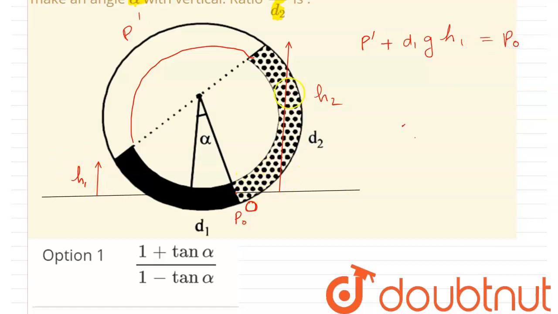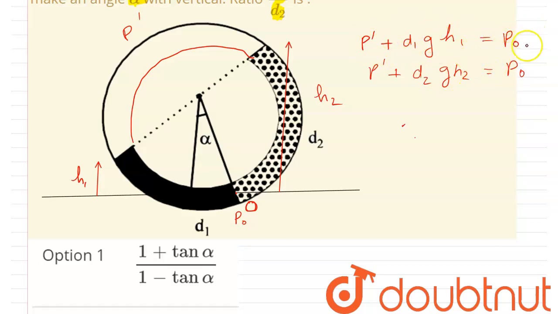Now let's talk about this liquid. I will write P dash plus D2 G H2 equals P naught, right? So you can see from both equations we are getting the difference between P naught and P dash.